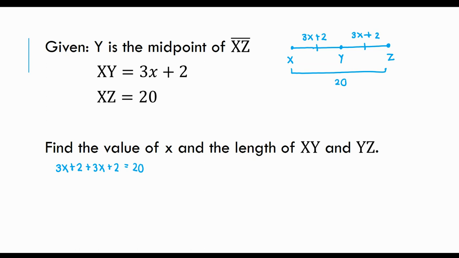Now, if I go ahead and solve, notice we've got some like terms. So there ends up being 6x, and then 4, that still equals 20. I'll subtract the 4 over.